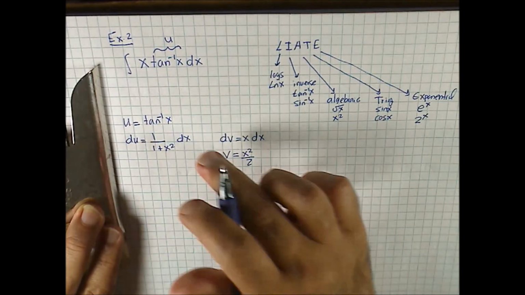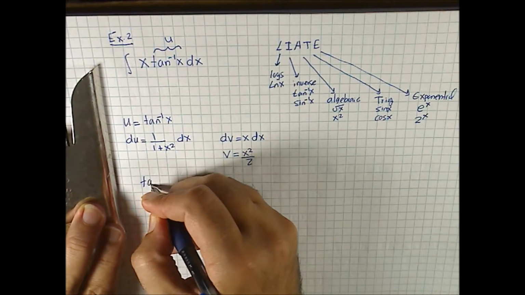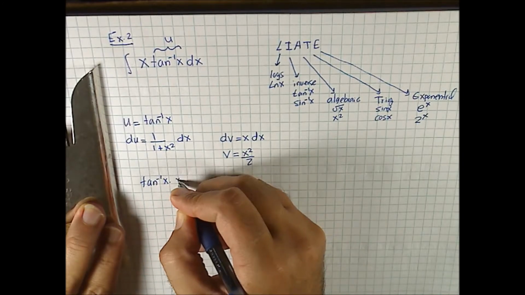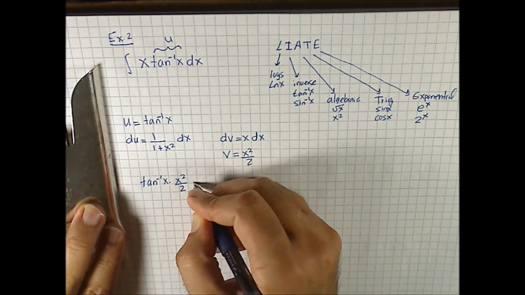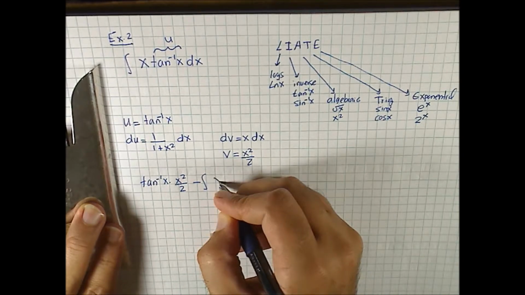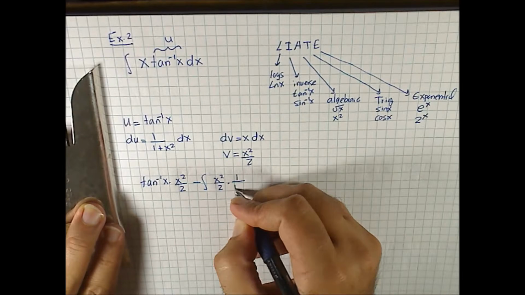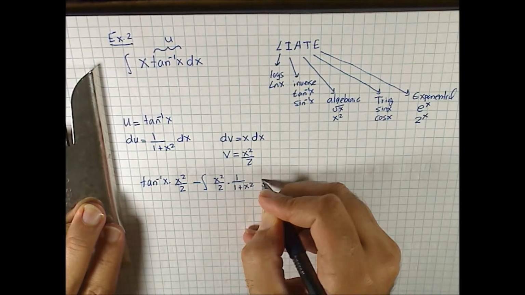So we get u times v, that's tan inverse x times x squared over 2, minus the integral of v, which is x squared over 2, times du, which is 1 over 1 plus x squared dx.